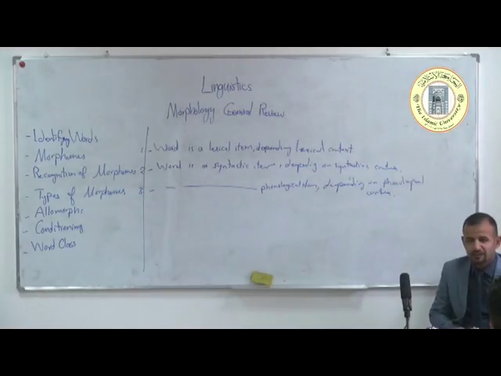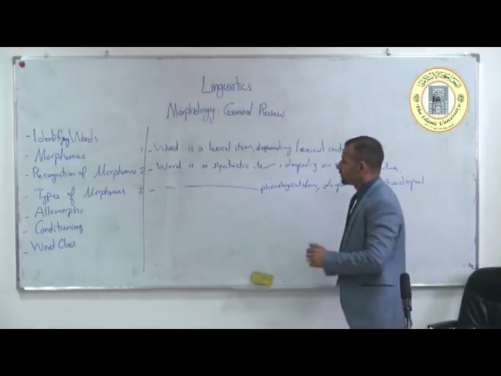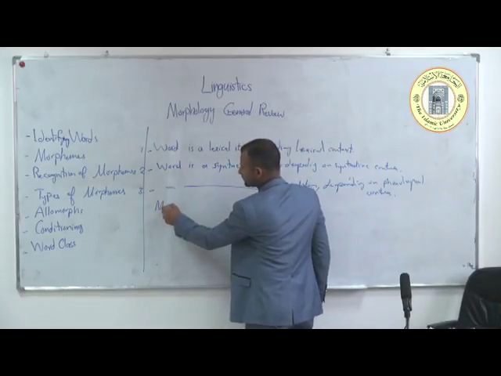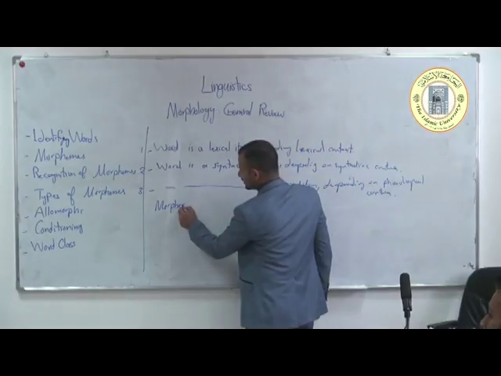Because external analysis of words gives us what is called word order, which is the concern of syntax, not morphology. Analyzing internal word structure is represented by what is called morphology.